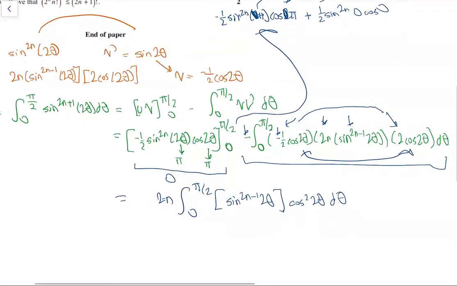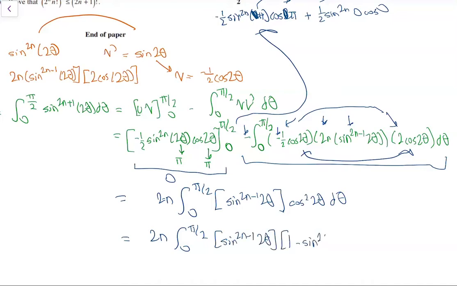And now since sine squared 2 theta plus cos squared 2 theta gives us 1, we have 2n times the integral from 0 to pi over 2 of sine 2n minus 1 of 2 theta, so we can write it as 1 minus sine squared 2 theta d theta.